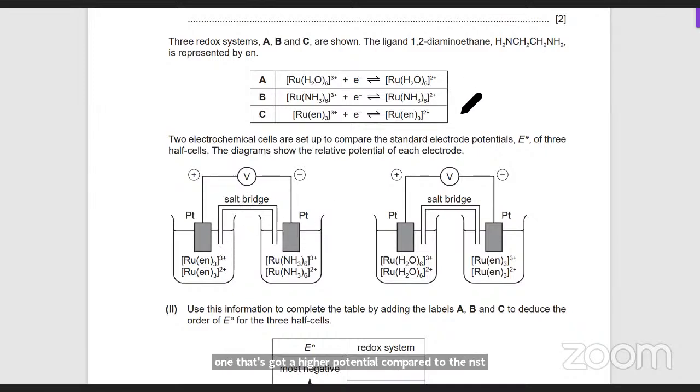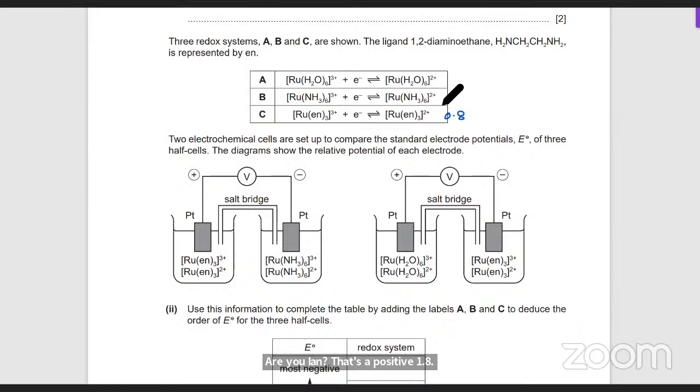मैं कोई अपनी तरफ से, I'm just going to give it a value. Let's give it 0.8. So RU, ये वैसे ही मैं दे रहा हूँ ताकि I can keep track of which one is the higher one, which one is the lower one. अच्छा, RU EN, that's a positive one, 0.8, तो वो फिर lower होगा NH3 वाला.